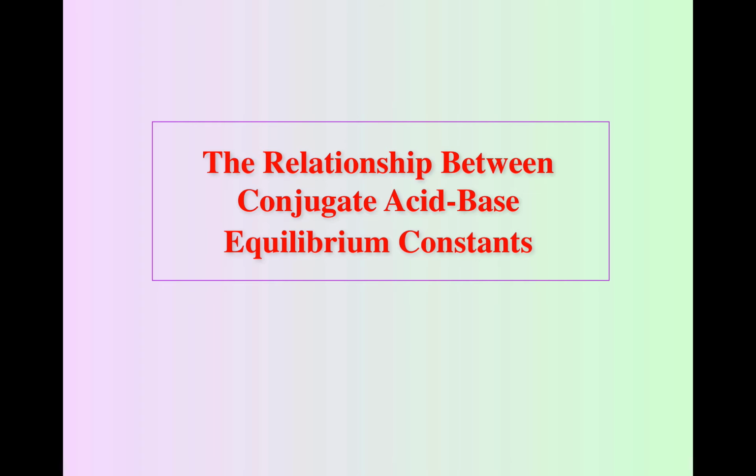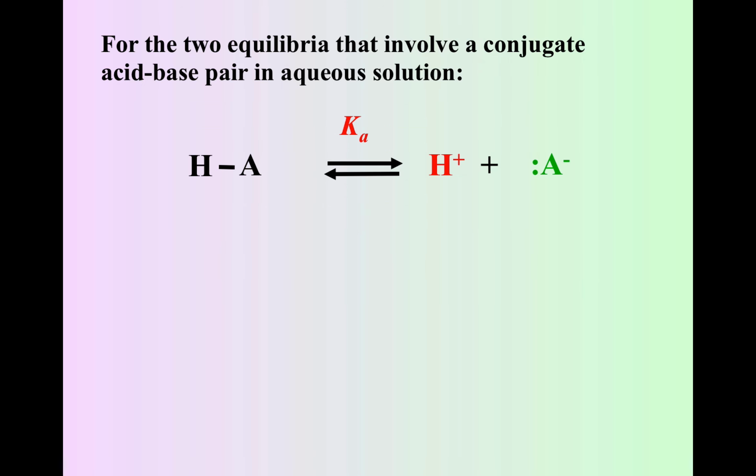All right, so like we've been alluding to, there's a relationship between the Ka value for a weak acid and the Kb value for its conjugate base. So this is a Ka expression. Again, make sure you understand what a Ka is. This is the hardest thing for students. All it means is how much an acid ionizes in water to produce H plus ion.